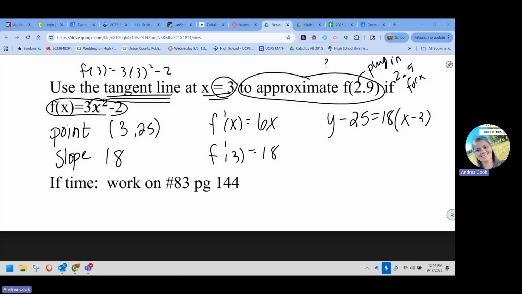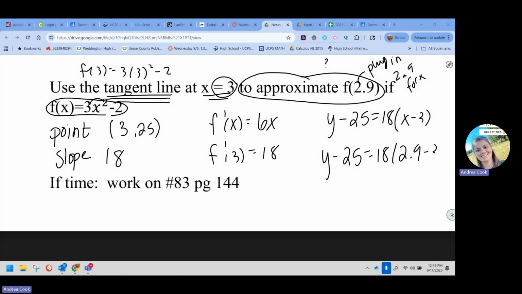So these directions are saying use the tangent line, plug in 2.9 for x. That word approximate, we haven't done a lot of yet. It will become something that we do a fair amount of, but it means you're approximating what the y value would be, but using the tangent line instead. And we'll get more into the word approximate later. But from the context clues, I can tell that I'm plugging 2.9 in as the x value.